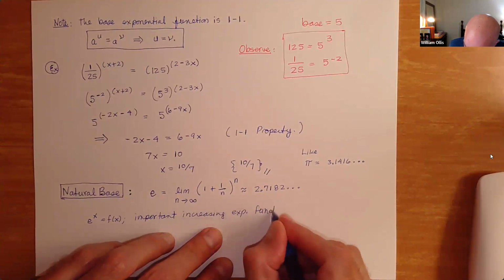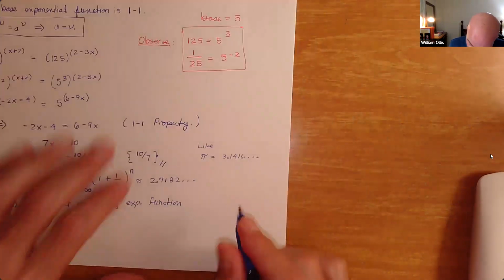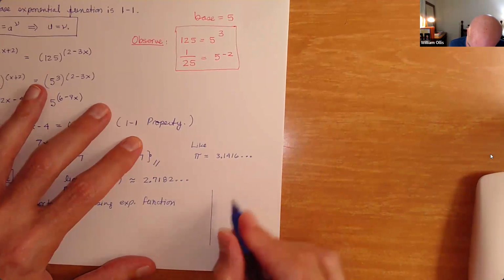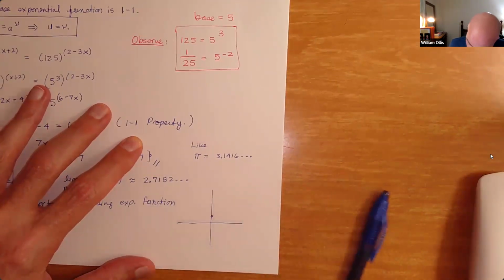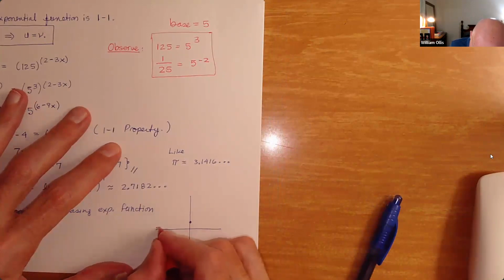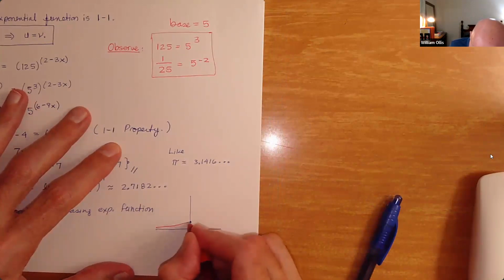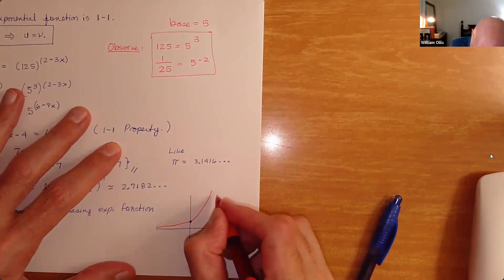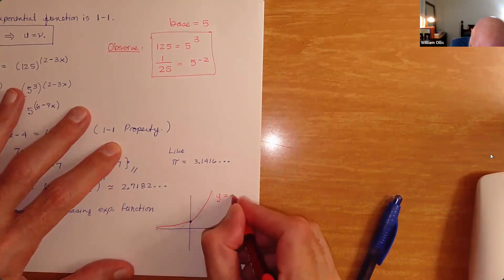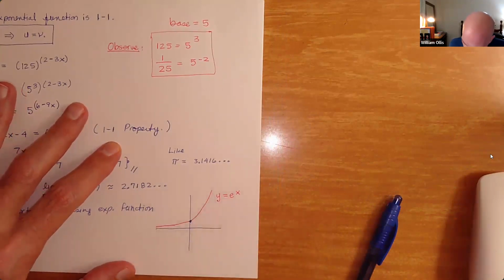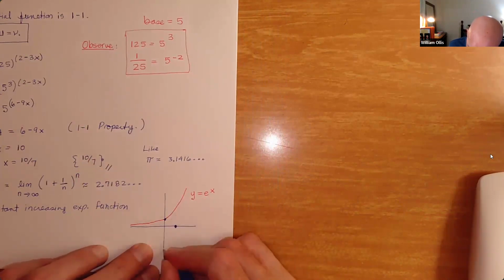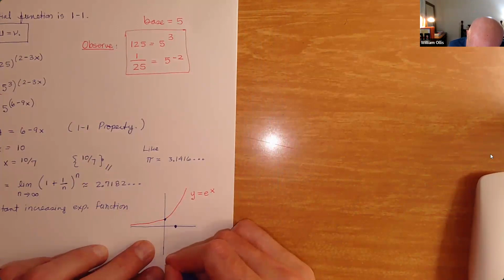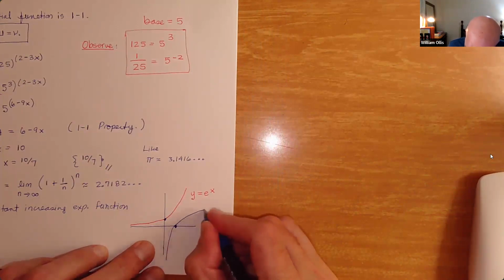So it has the standard shape that we saw on the previous slide, increasing, just like this. So this is y equals e to the x. And then, of course, if we were to draw the inverse function, the base A logarithm, it would look like this.